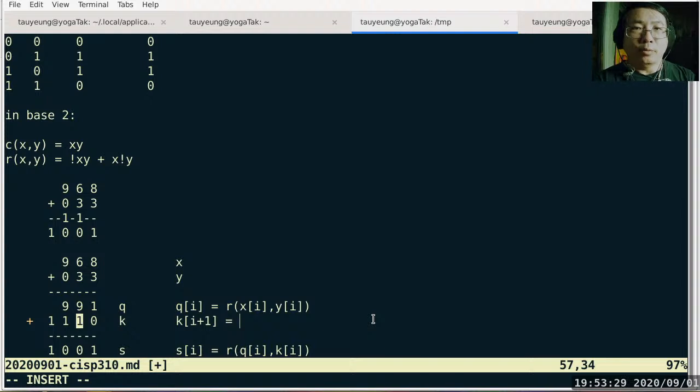So now we know at least one of the components is the carry of adding x[i], y[i]. Then we look at this particular carry of 1, this one over here in column 2, and we ask, where is that 1 coming from? Nope, it is not coming from the carry of adding x and y. It is coming from the carry of adding q and k.